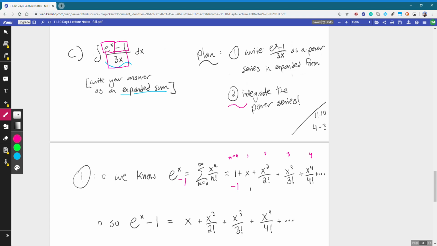We don't want to subtract 1 from every single term. That would be like subtracting infinity or something like that, right? It wouldn't be balanced. We just want to subtract 1 on the left, and so we just want to subtract 1 on the right. And so notice what happens is that just this very first term gets killed off, and what's left is just all the other stuff. And so we see that here.